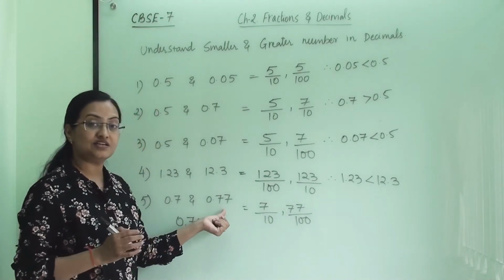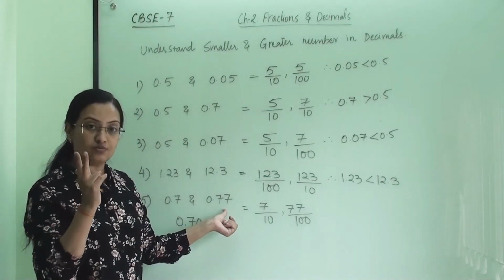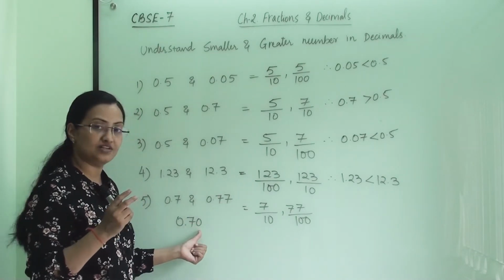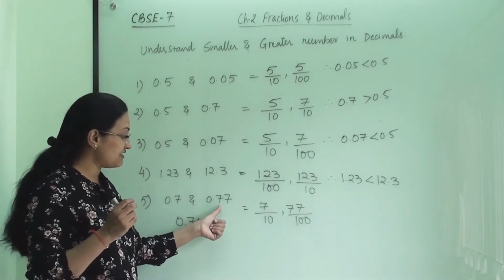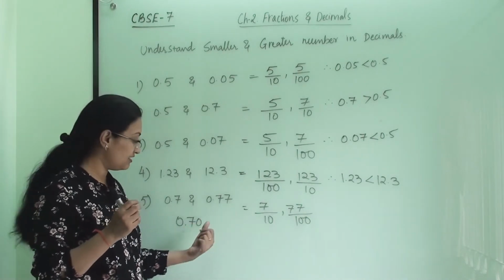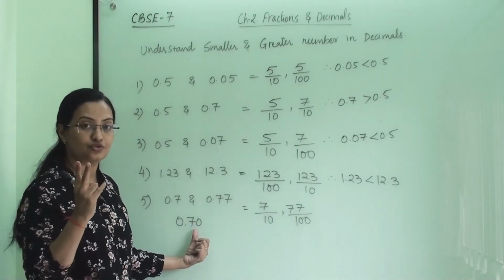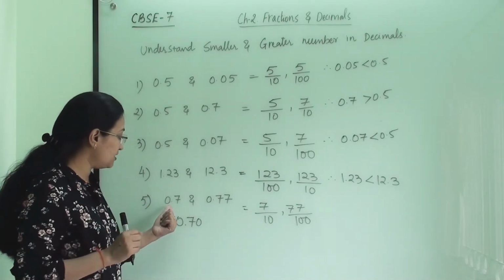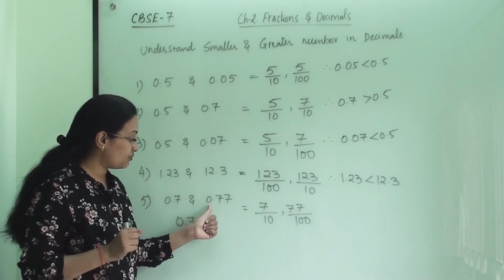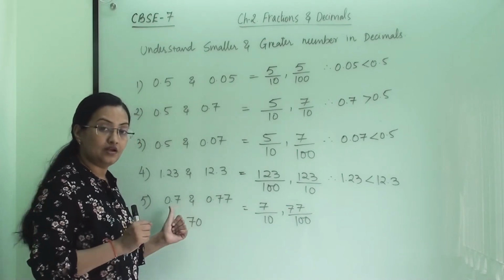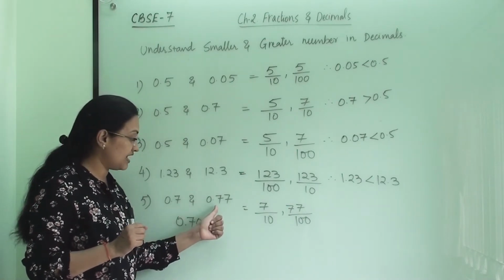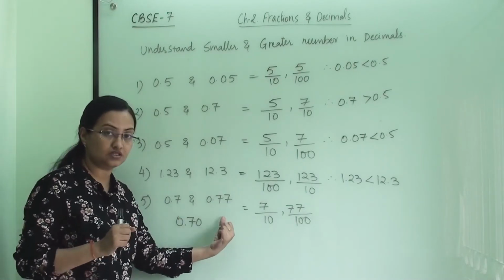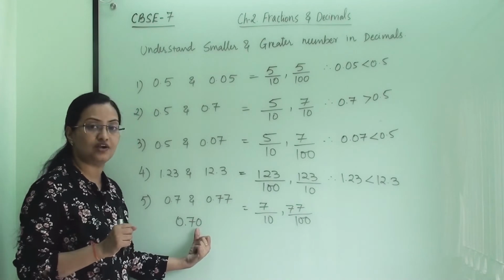The other number has 2 digits after the decimal, so we have to add one 0 here. If it were 0.777, we would add 2 zeros to match. So remember: when one number has one digit after the decimal and the other has 2 digits, to match with the other number we add one 0 at the back.